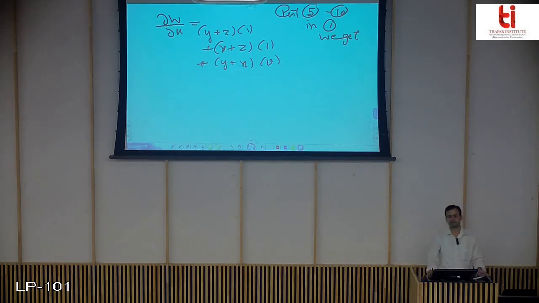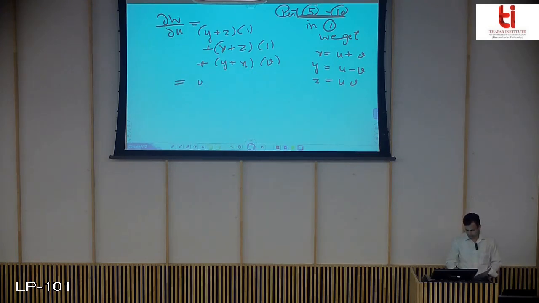This is the expression we obtained by putting in equations 5 to 10. Since we need the result in u and v, now we need to put in the values of x, y, z. These are given, and we have already written these values in terms of u and v.